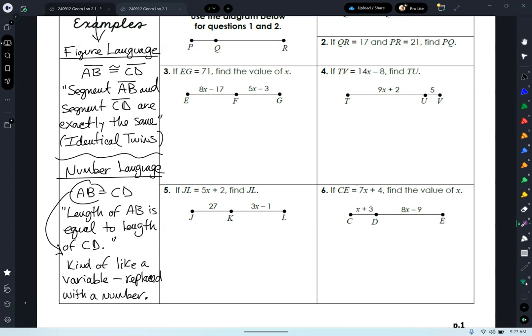And if you don't make those changes, you're not going to get that question right on IXL, okay? I'm not going to be that much of a stickler about it, but I do need you to know the difference between referring to figures versus referring to numbers, okay? So make sure that you're clear on that, all right? Everybody good so far? Figure language, number language, okay.